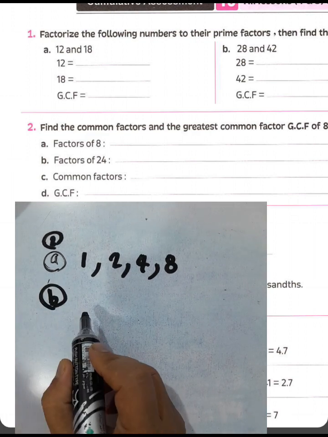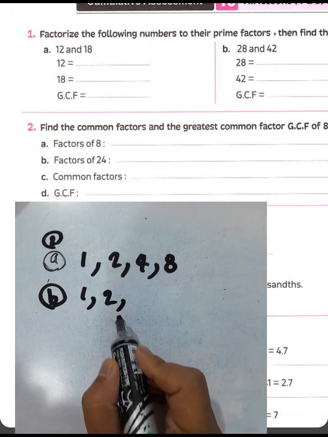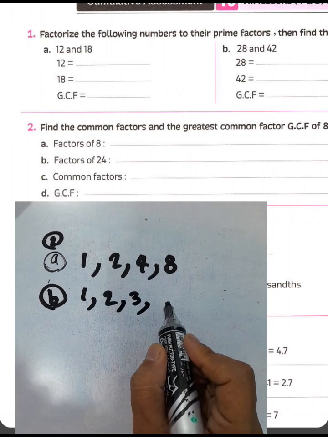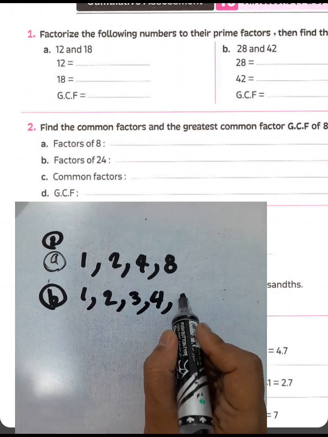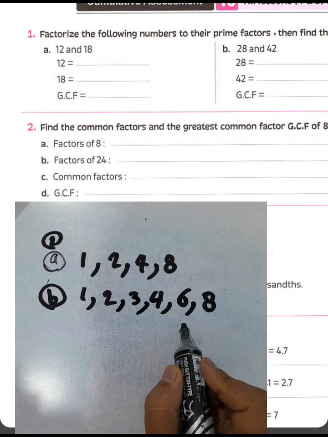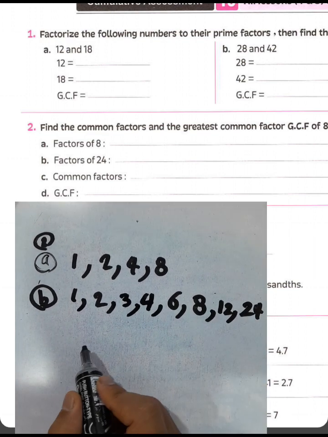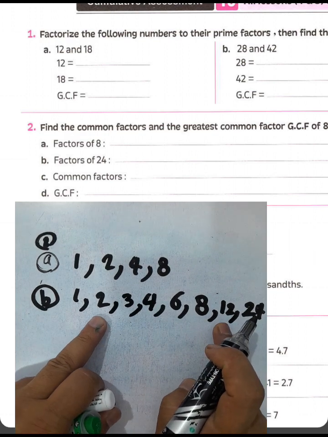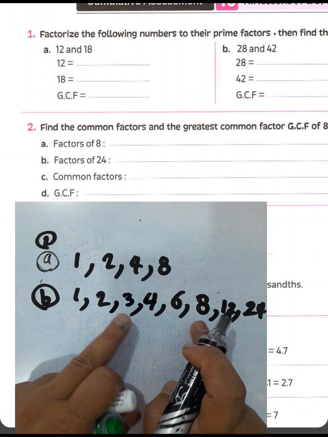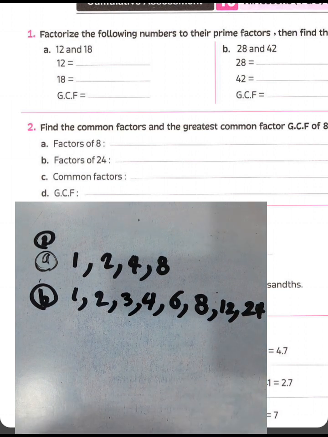Letter B, factors of 24. 24 can be divided by 1, 2, 3, 4, 6, 8, 12, and 24. Why? Because 24 equals 24 times 1, 12 times 2, 3 times 8, 4 times 6. We have a lot of factors of 24.